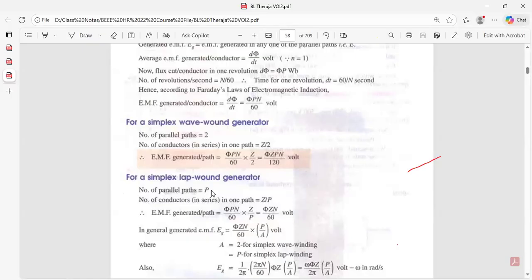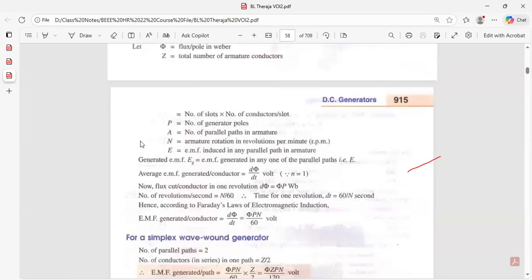What is the number of parallel paths? 10, sir. Here, irrespective of the number of poles, the number of parallel paths in wave winding is always 2. Okay, that is A.